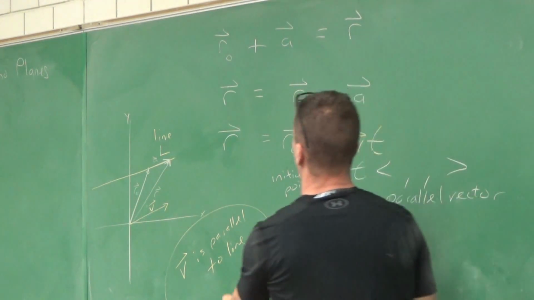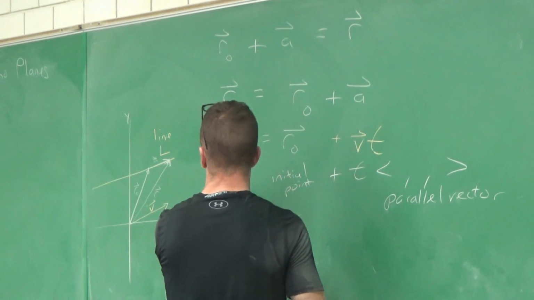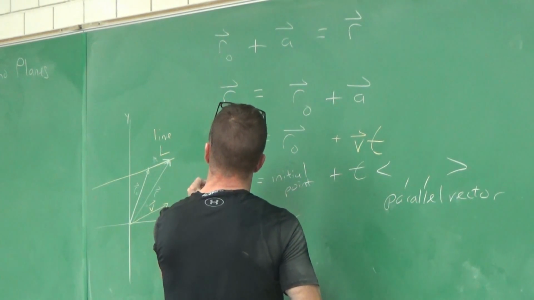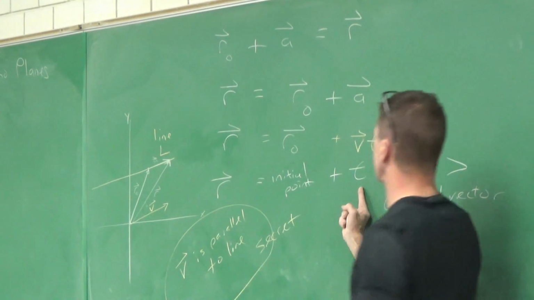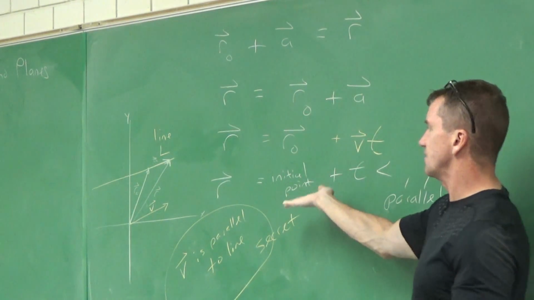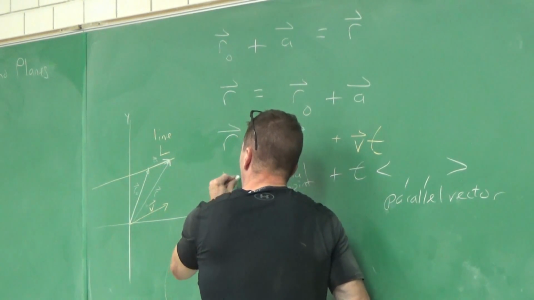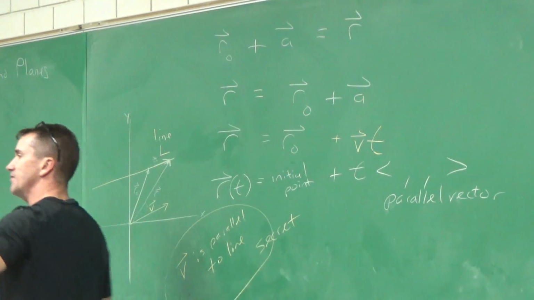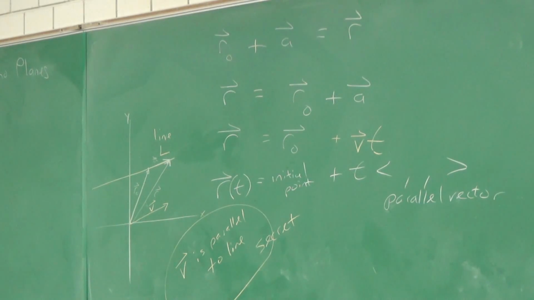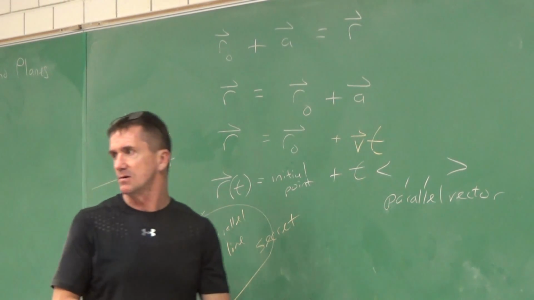Boy, this is how we can describe any line. And if you want, what variable did I use? T. You can think of this as a vector equation like just R, if you want, you can call it R of t, as if everything's going to be in terms of the variable t. We'll always use t as our variable, let's call it a parameter.